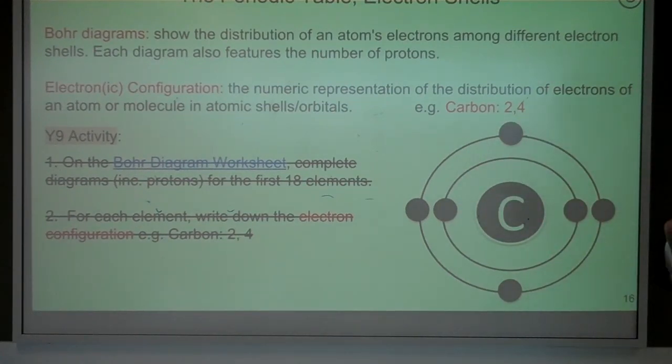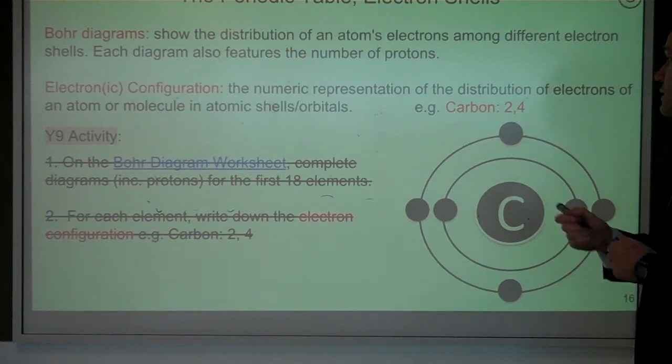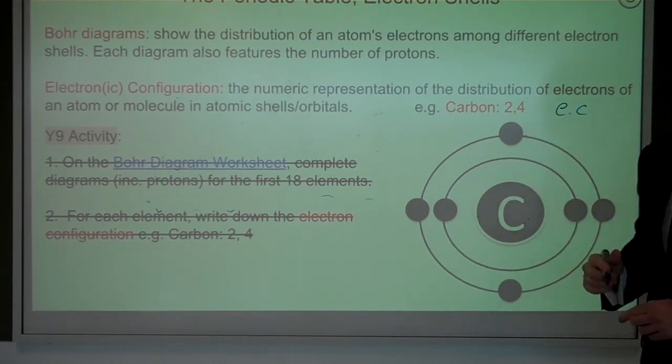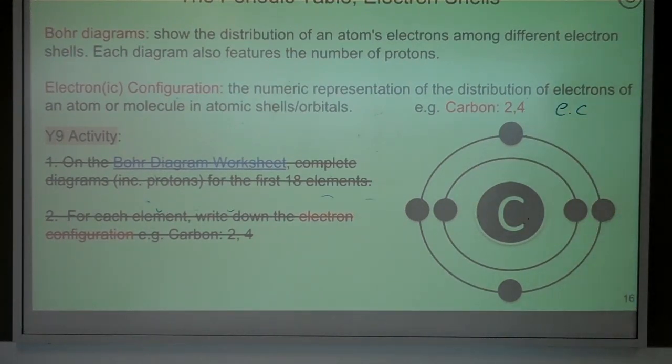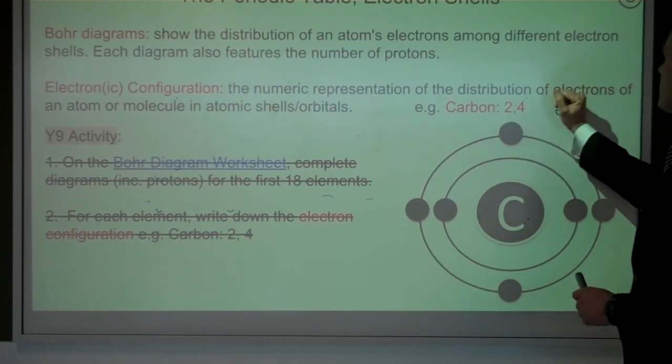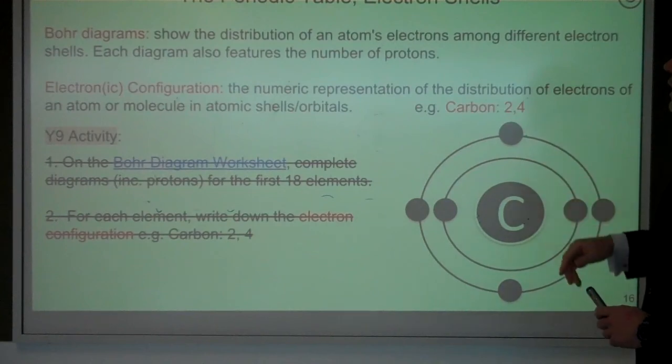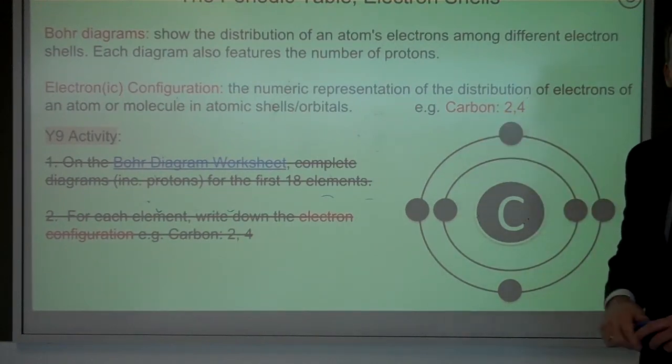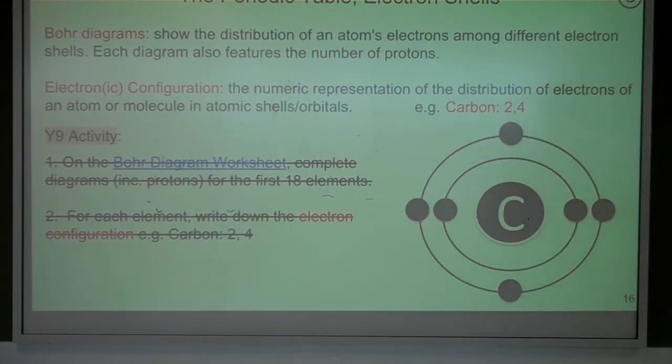So if you see the term, and that's on your sheet already, and sometimes it says EC on your revision sheet for electron configuration, that one is a short way of writing down, effectively, where the electrons are. But again, we won't be using Bohr diagrams, but you do need to be able to read them and understand them, but that is very much year 9.